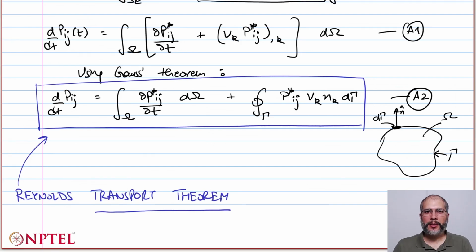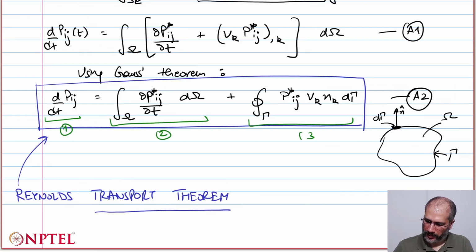So let's understand the terms in this transport theorem. So let's call these 1, 2, and 3. So the term 1 is the rate of change of the total quantity capital P as a function of time. And remember, this quantity capital P is the total P contained in a selected collection of material particles.